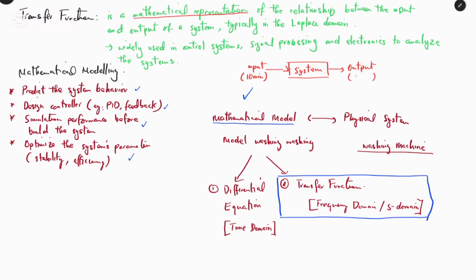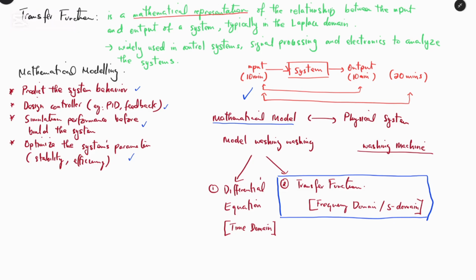And if it operates within 10 minutes, now we can see that there is a relationship between the output and the input. Example, if the input is 10 minutes and when we measure the output, it takes 20 minutes for the washing machine to perform the washing, then we can see that this type of system is not stable because the input says 10 minutes while the output is taking up 20 minutes.